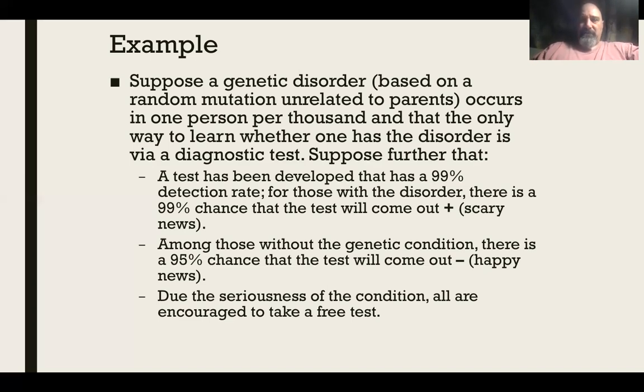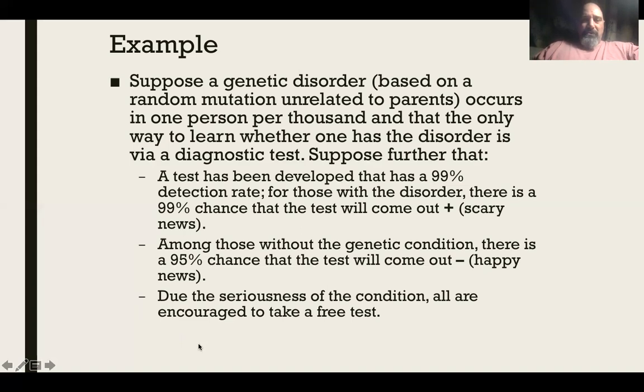So when you don't have the genetic disorder, there's still a pretty low chance, a 5% chance, but there is a chance that you are going to be incorrectly told that you have the disease. That is, you're going to be given a positive outcome, the test comes out positive, despite the fact that you do not have the disorder.